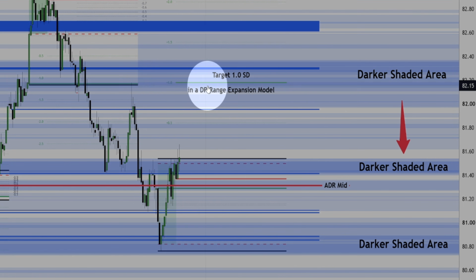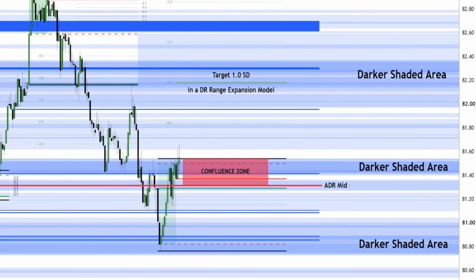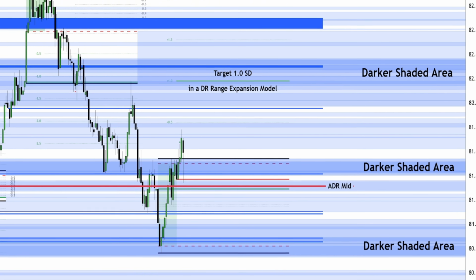And a target of 1 standard deviation from the range expansion model. That combination is what turns the upper area into a strong confluence zone. A broken gap imbalance alone can't become support. The models, the structure, and the key levels of the DR-IDR cycle combined are what unlock that power, never one thing alone.